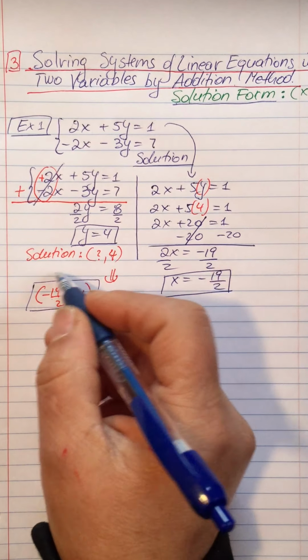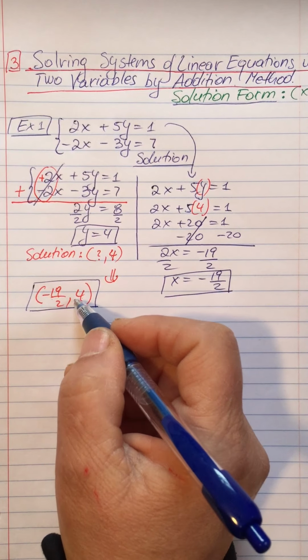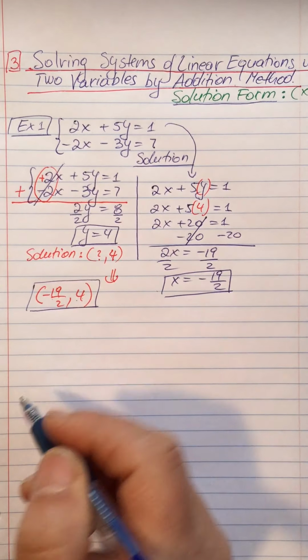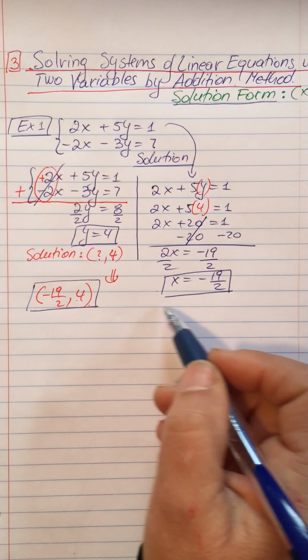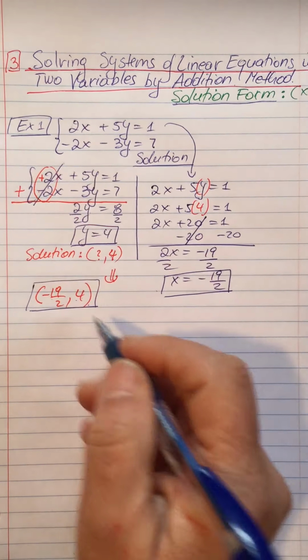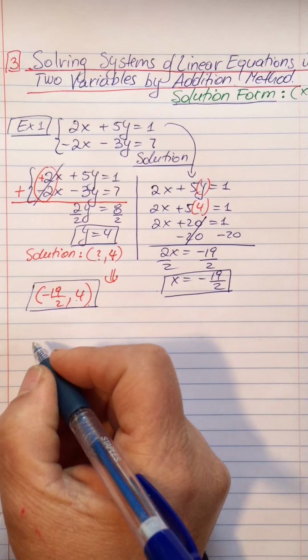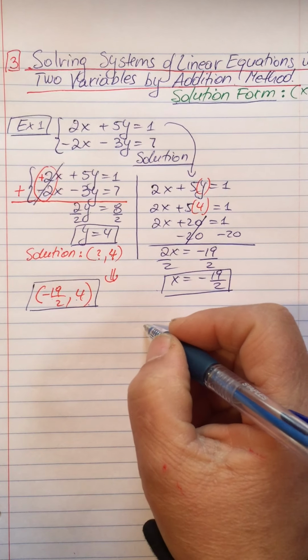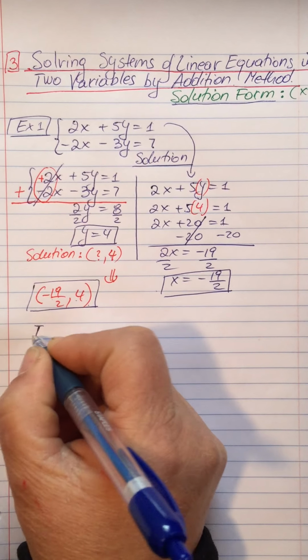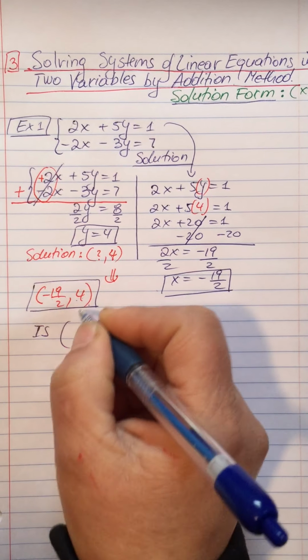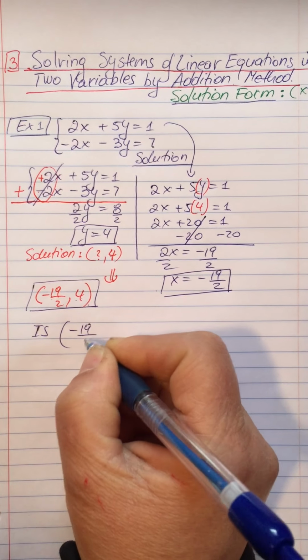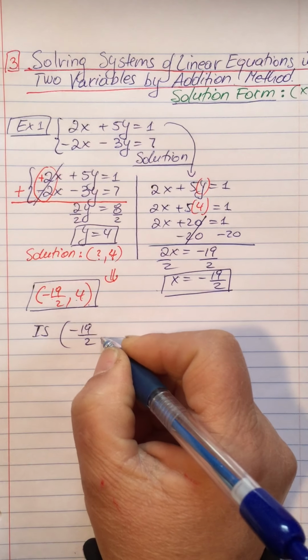This is what I declare: I say that this is the solution based on my work. Whether I worked well or not, I have to know by checking both equations. So I am asking, is my solution the solution of the system or not?